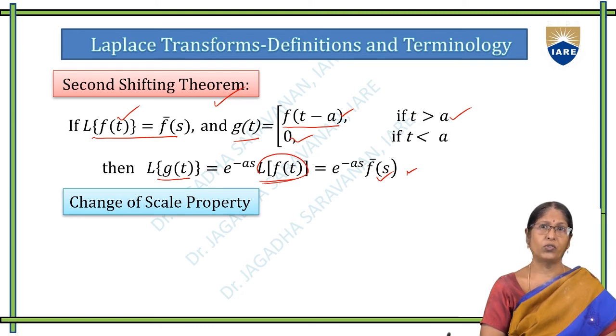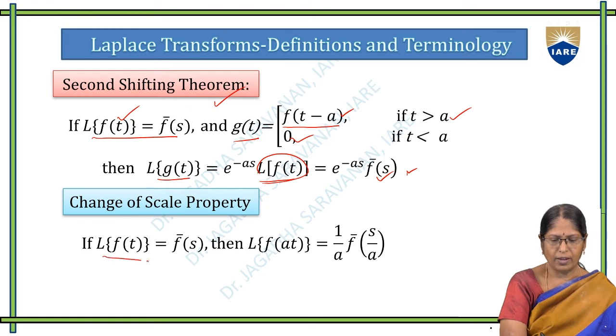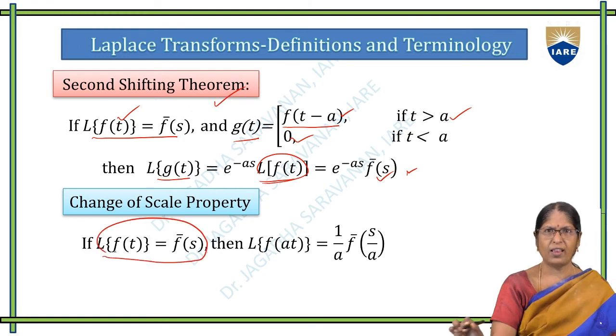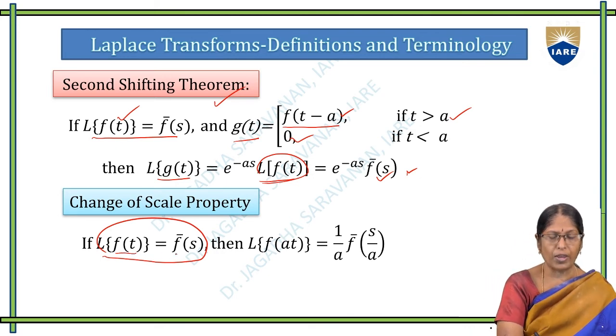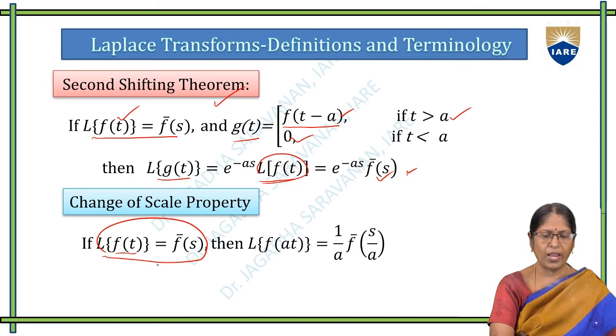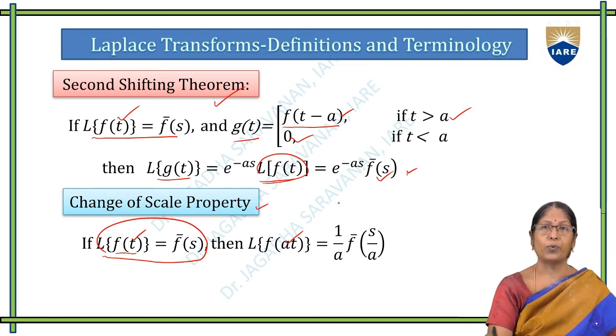What about the change of scale property? Here is the standard notation, L of f of t equals f bar of s. Suppose, instead of f of t, in the place of t, it is at. Then we can use the change of scale property.